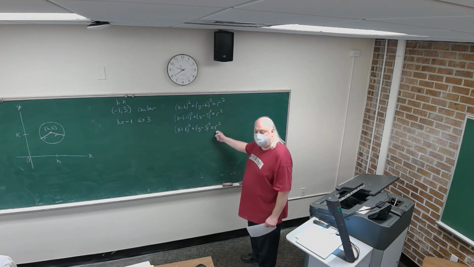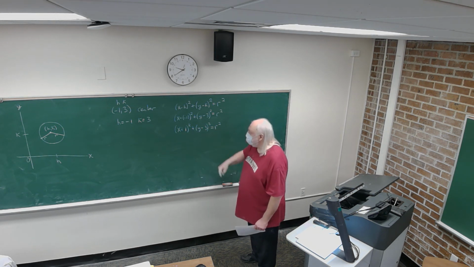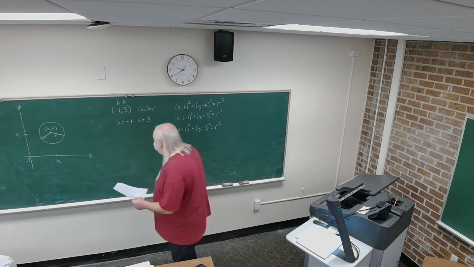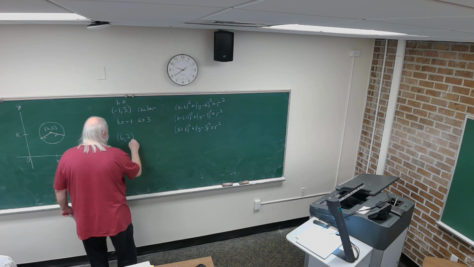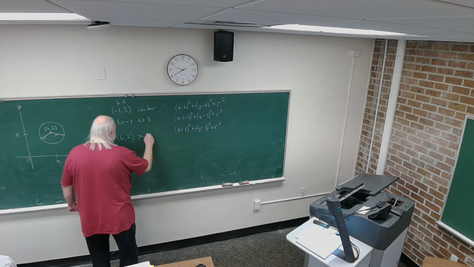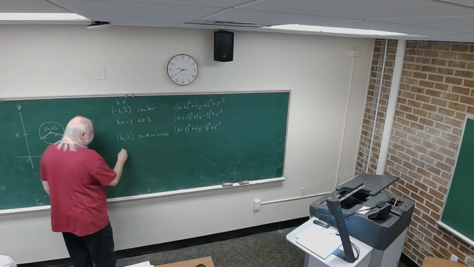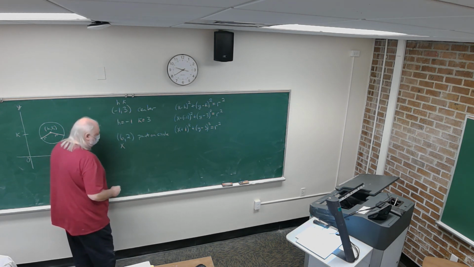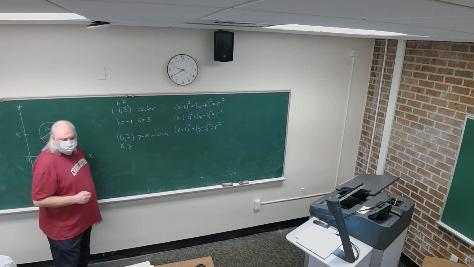So now we've got to figure out the radius, right? Well, the graph of this circle passes through the point (6, 2). The x coordinate for that point is 6, and the y coordinate is 2.